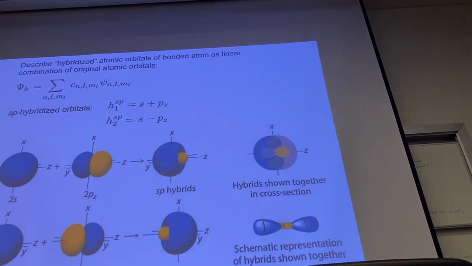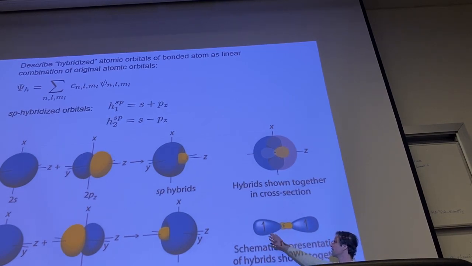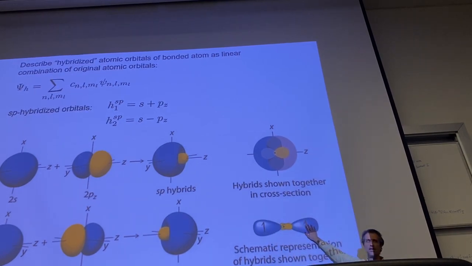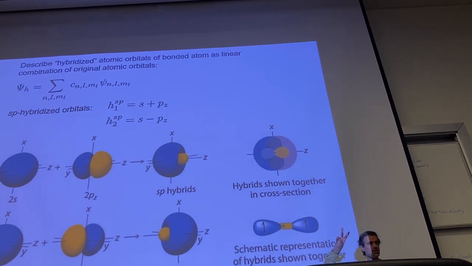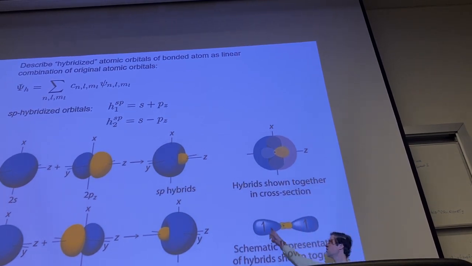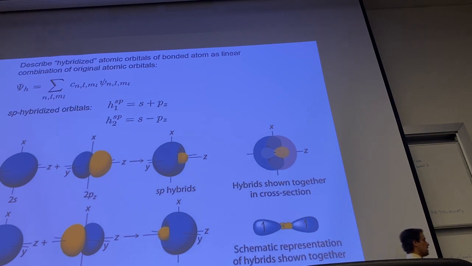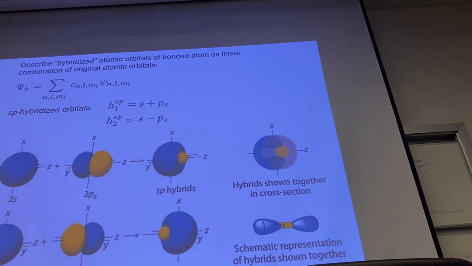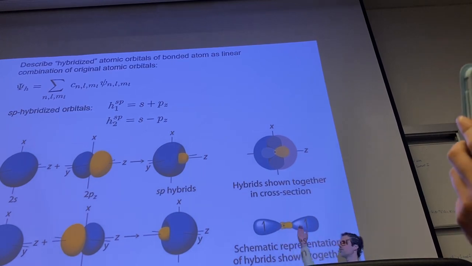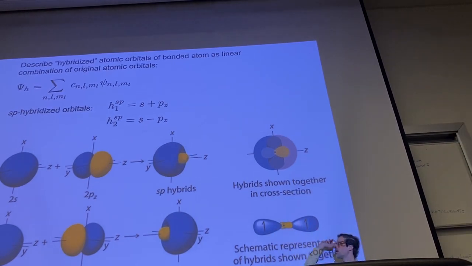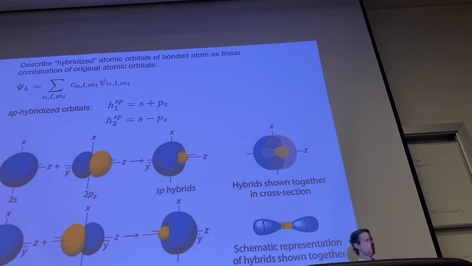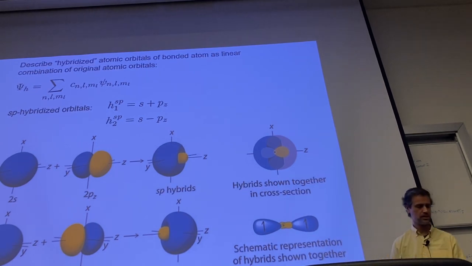Okay, so if I take those two sp orbitals, I can draw them together. This is one, this is another one. I can put those same electrons in here now, one in each, and you can see that this is actually a very nice arrangement. I have now a configuration, a probability where the electron can be, that is now kind of linear. This is of course a linear bonding arrangement of carbon.